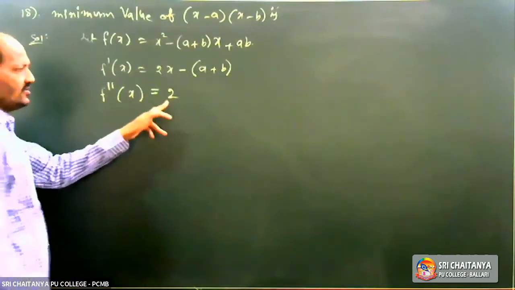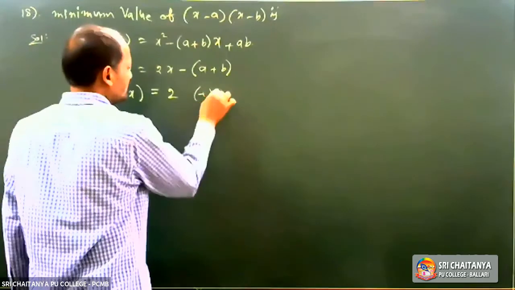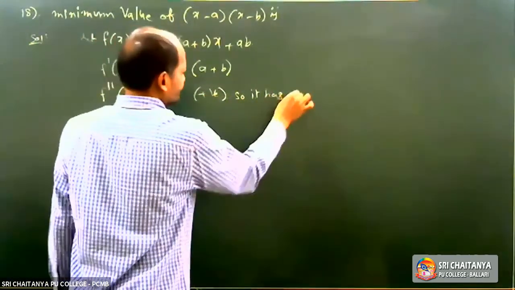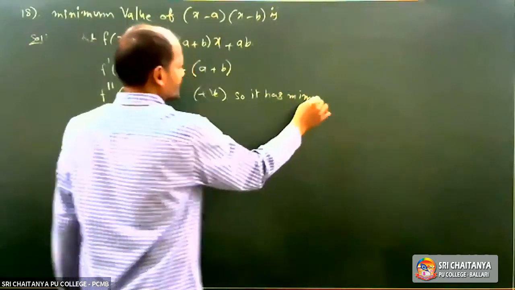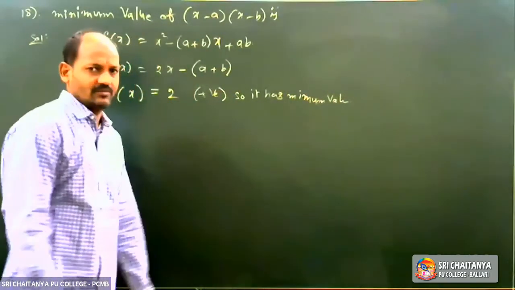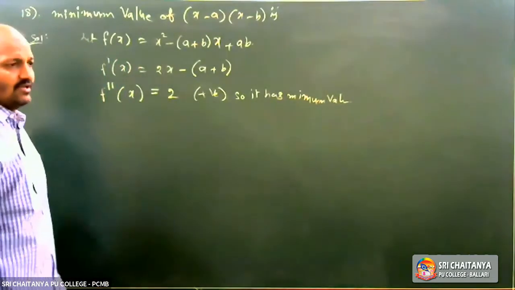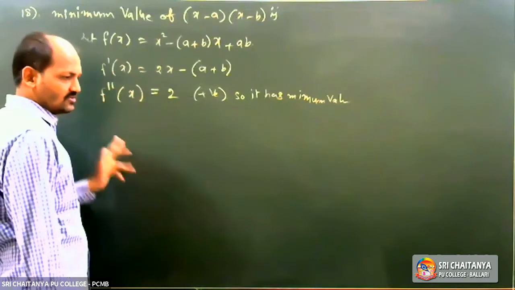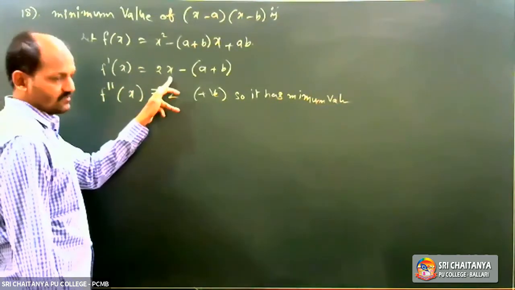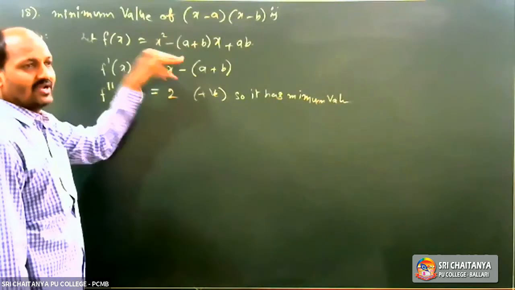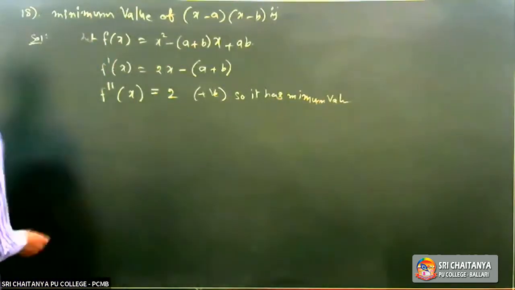Second order derivative is positive, so it has a minimum value. How to find a minimum value? First, consider first derivative equal to 0, then we get the x value. That x value substituted in the given function gives the minimum value.